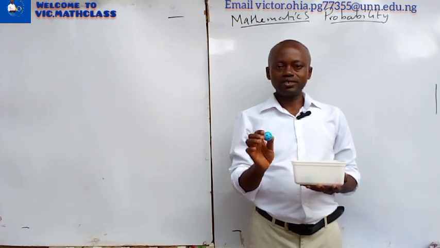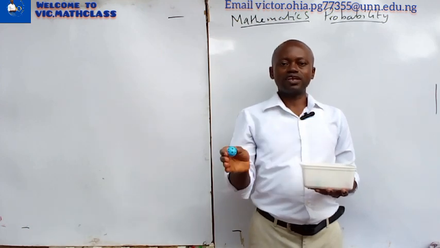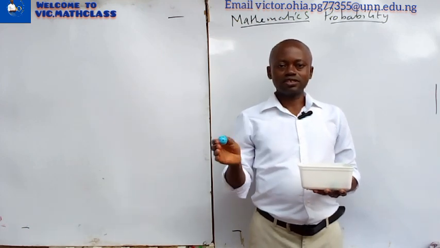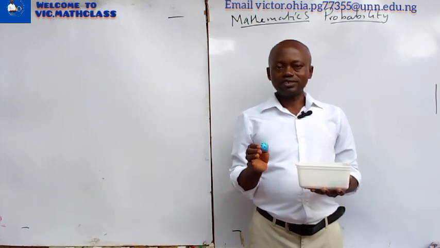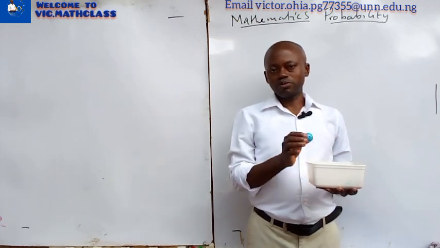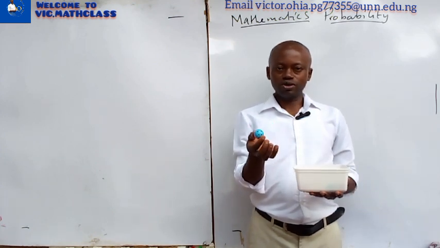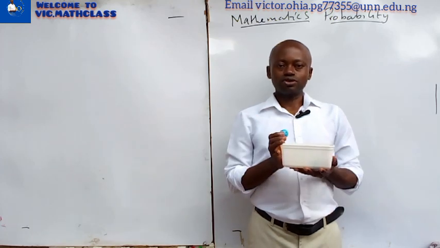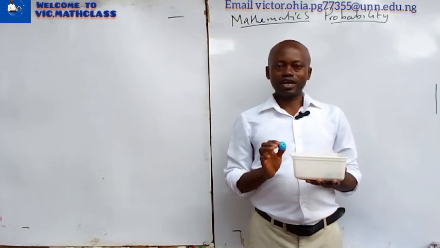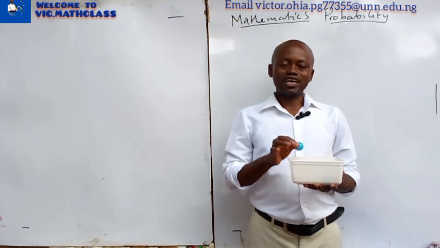So probability is an aspect of mathematics that talks about chance events, the chance of an event occurring. And mathematically it is demonstrated as probability of, take for instance, this blue ball occurring. The probability of a blue ball occurring is just the number of blue balls in this box over the total sample space.